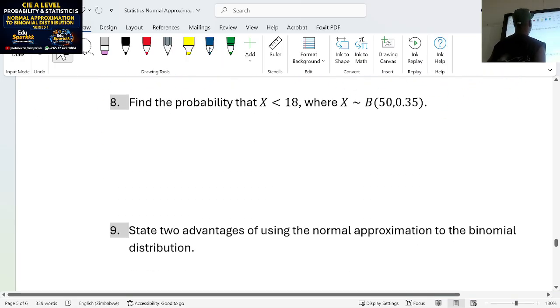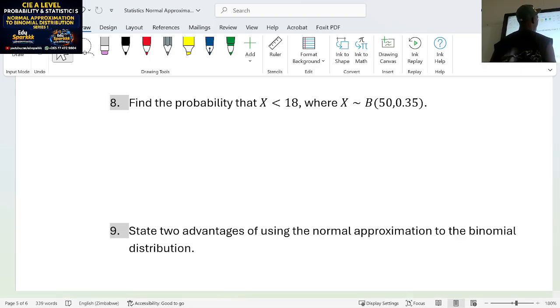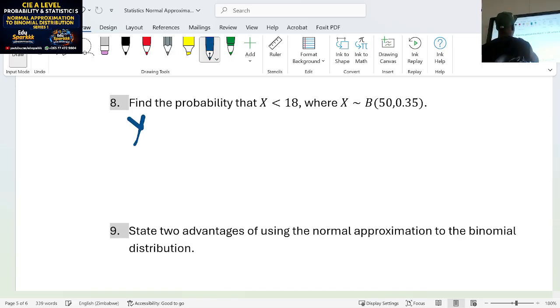Then moving on to number 8, find the probability that x is less than 18, where x is binomially distributed with n 50 and p 0.35. So again, what we will do here, we are going to bring continuity correction first.